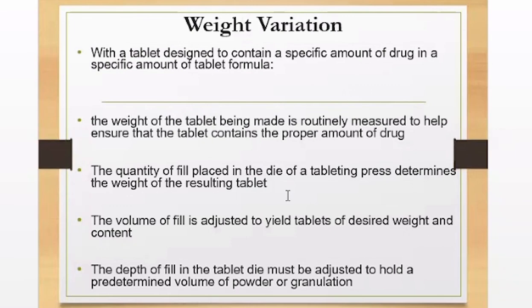So it's important that you ensure the tablets are within a specified weight limit. This is extremely important if you are dealing with drugs that have narrow therapeutic indices. Any significant variation in weight from one tablet to another might elicit different pharmacological actions.